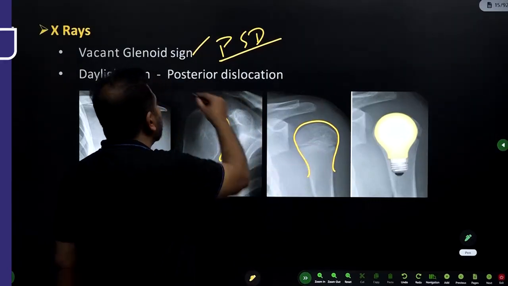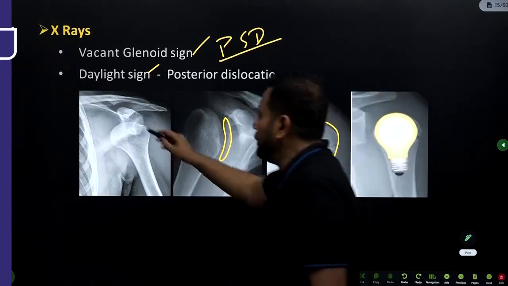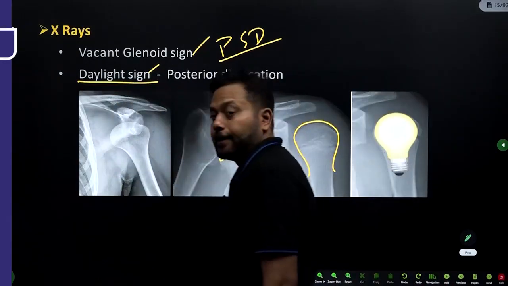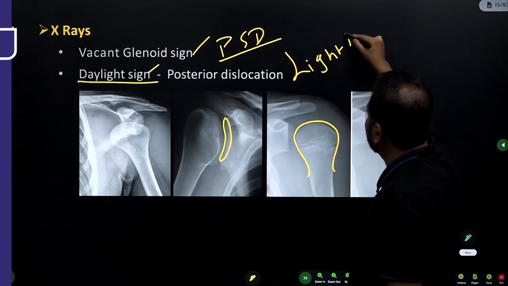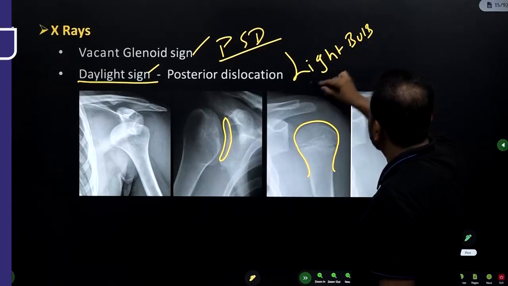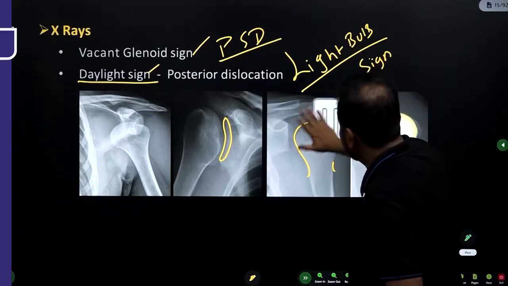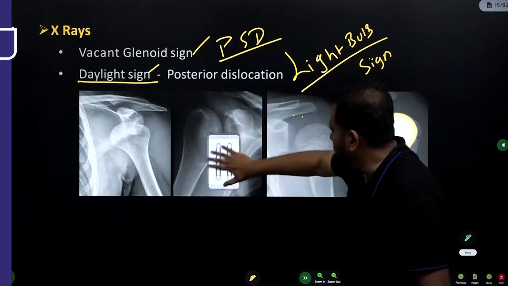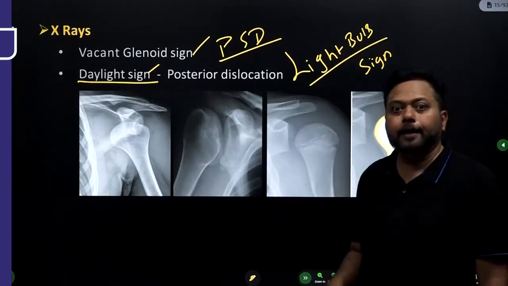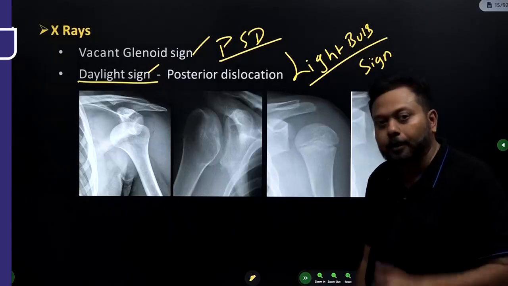So this is called the light bulb sign. Very old books use the word daylight sign; new books call it the light bulb sign. So a vacant glenoid sign and a light bulb sign: these two named signs are only for posterior shoulder dislocation. That's the point I want to make.